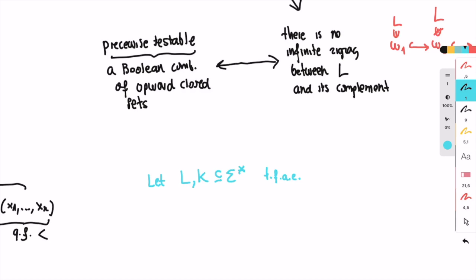Number one, there are zigzags between L and K of arbitrarily large finite lengths.